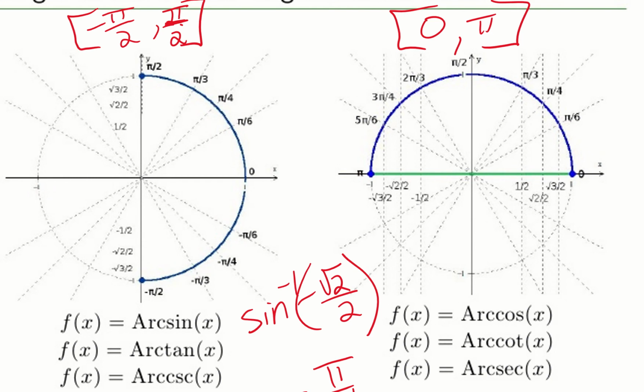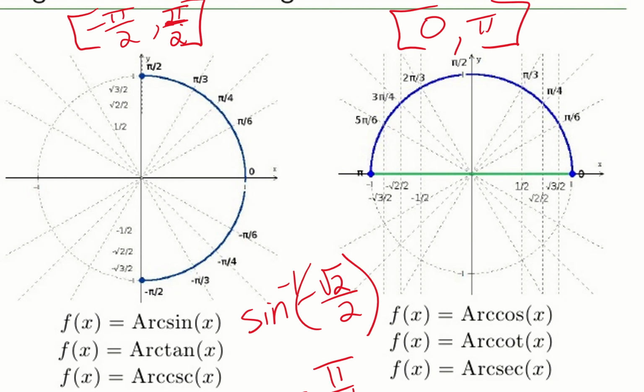So anytime that we have a negative value for sine, tangent, or cosecant, the angle is also going to be negative, even though it is going to be in the location on the unit circle of quadrant 4. It is not going to be like your 5 pi over 3, 7 pi over 4, and 11 pi over 6.